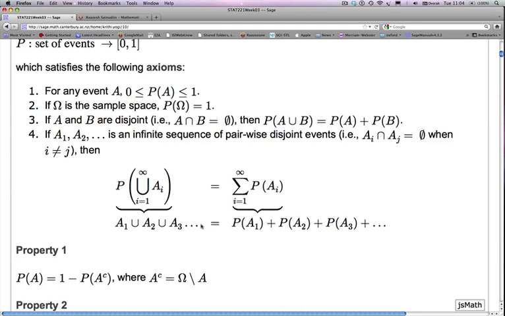So that's nothing but an extended axiom 3, axiom 3 applied to an infinite sequence.